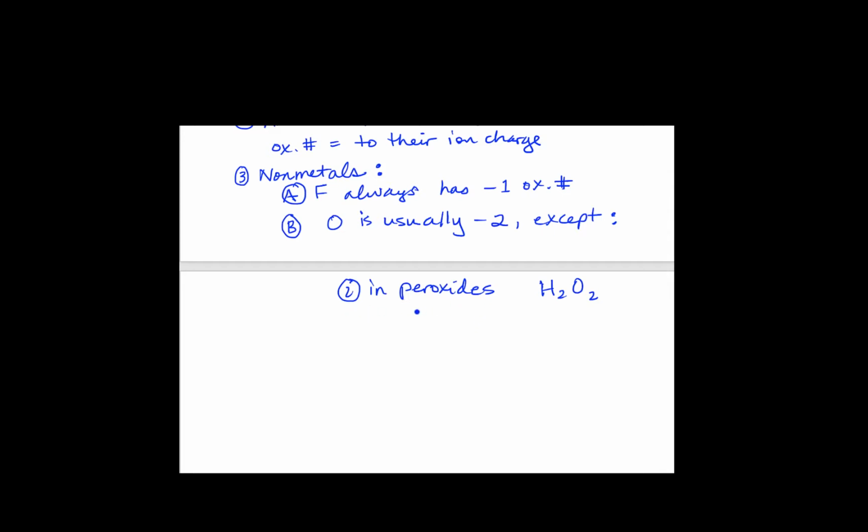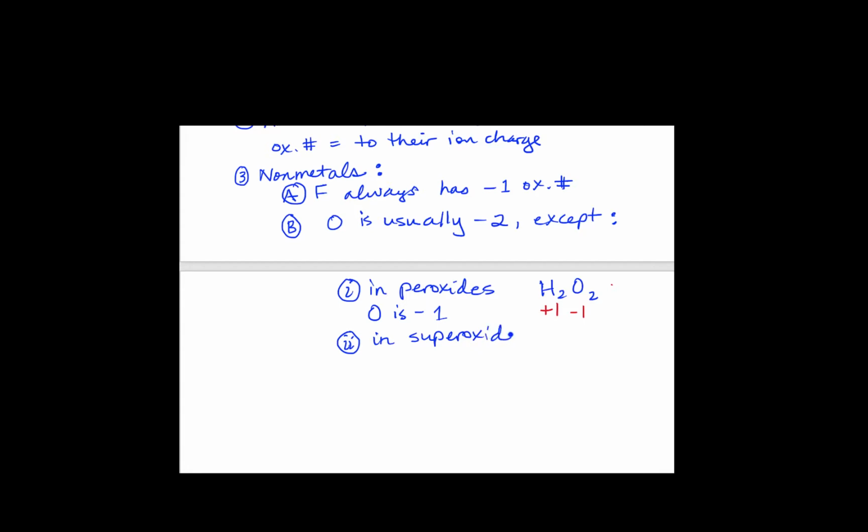And so in peroxides, we'll actually get to the hydrogen rule here in a second, our H is still a +1 oxidation number, and so in order for these to balance out their oxidation numbers and have a net charge of 0, the oxygen has to be a -1. And then we have another really crazy case, and these guys are called superoxides.